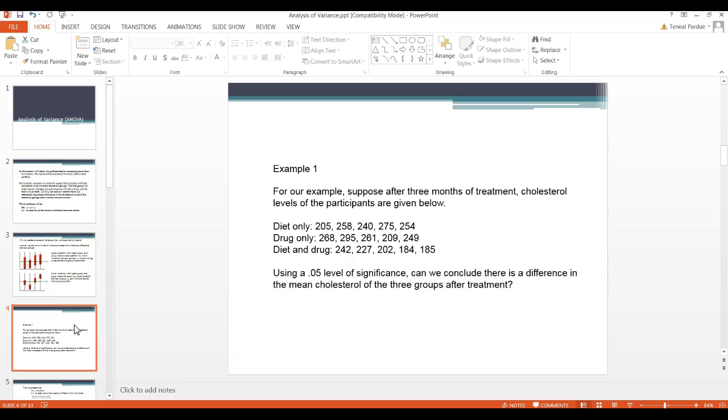To do the calculations, we'll just do them in StatCrunch and in SPSS. We'll start with this example where we've got people with high cholesterol after 3 months. I've taken this data and put it into StatCrunch, and we're going to run an ANOVA to see if there's a difference in the mean cholesterol of the 3 groups.